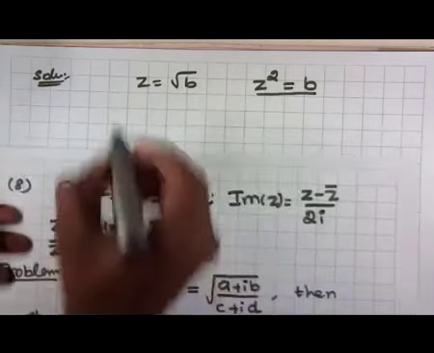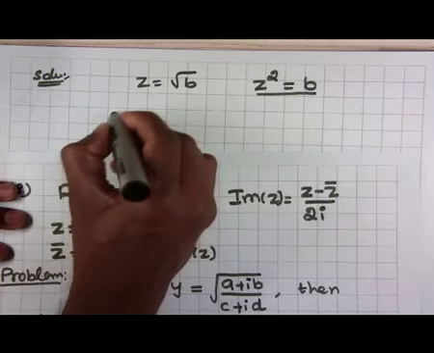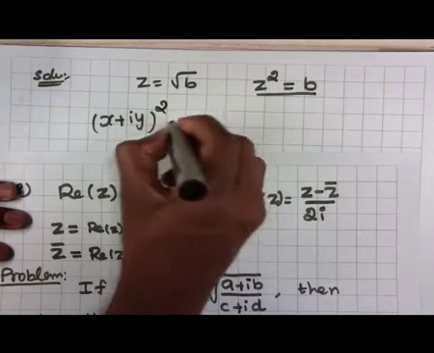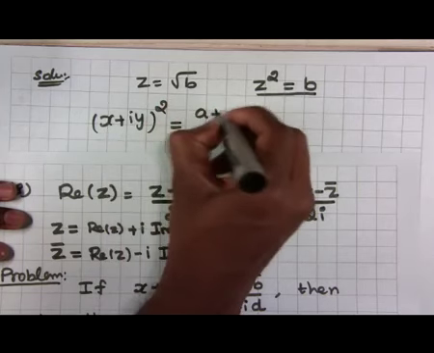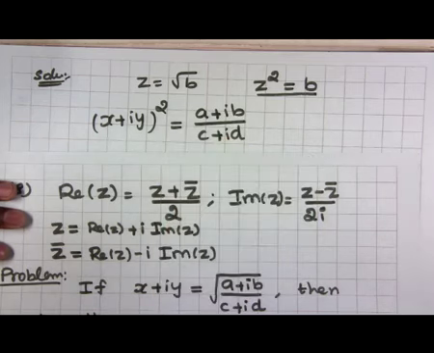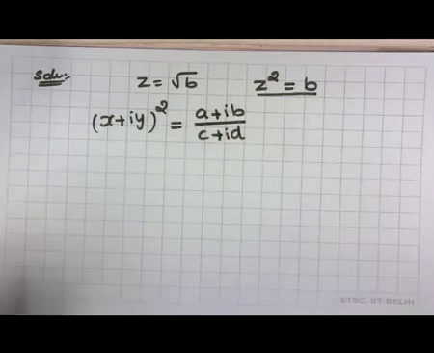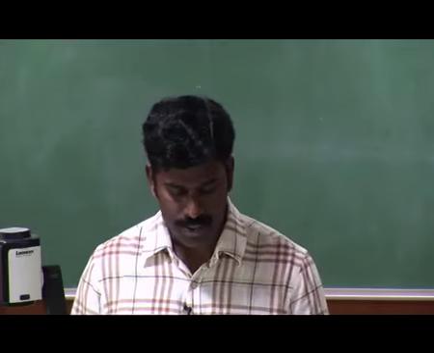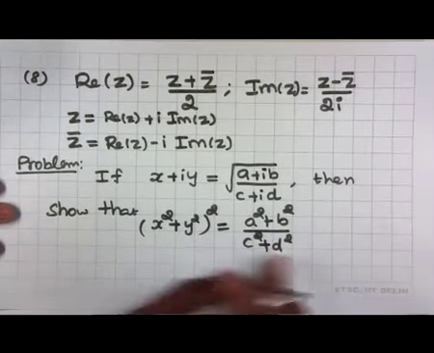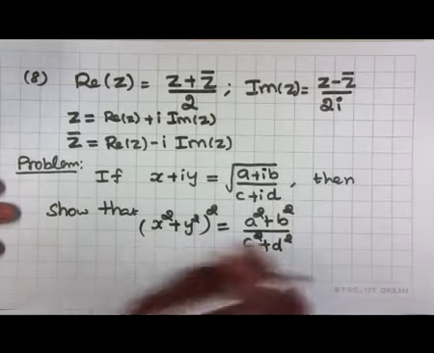So, by the given assumption, x plus i y the whole square must be equal to a plus i b divided by c plus i d. Now if you see the identity, no complex value is involved; finally it is a real number equal to this factor.